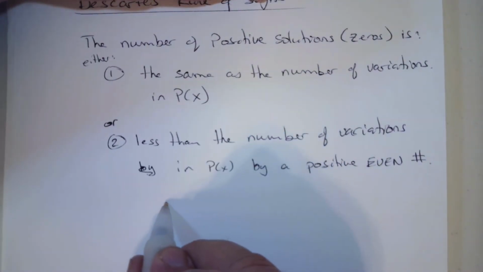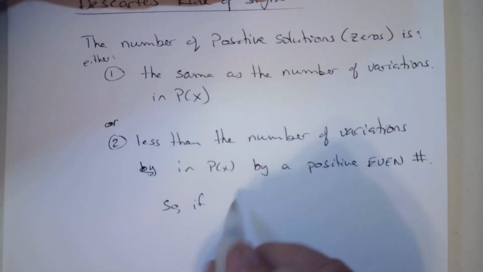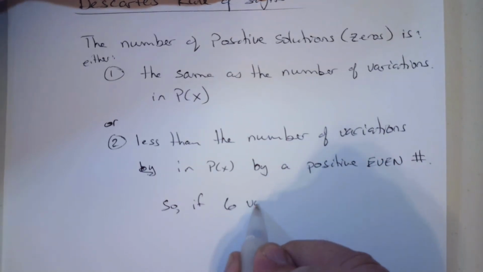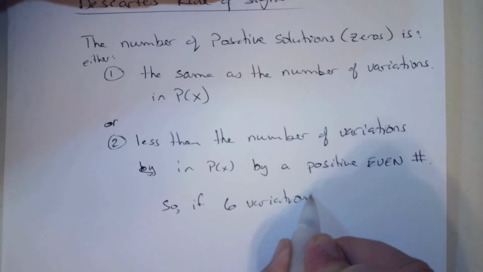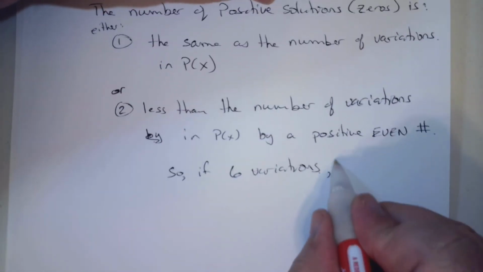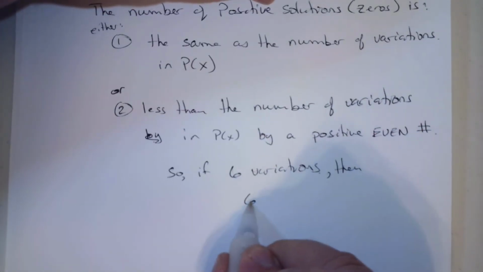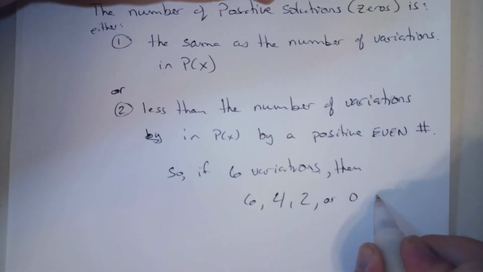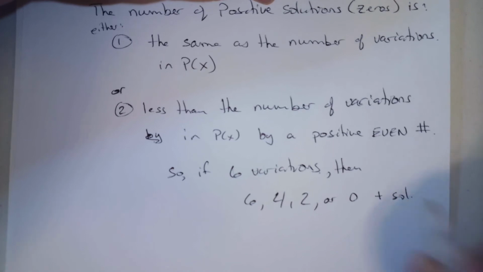So, if 6 variations, then 6, 4, 2, or 0 positive solutions.